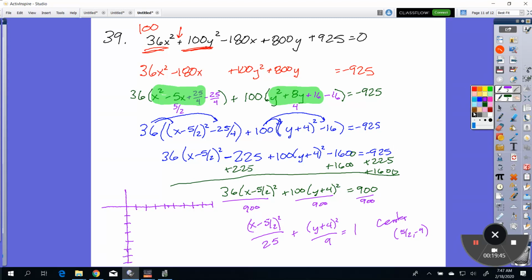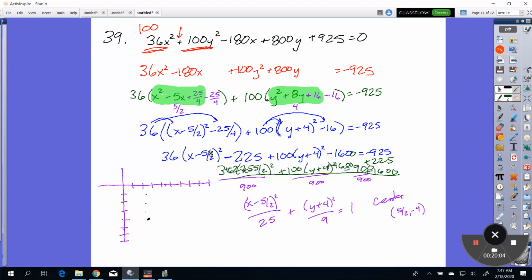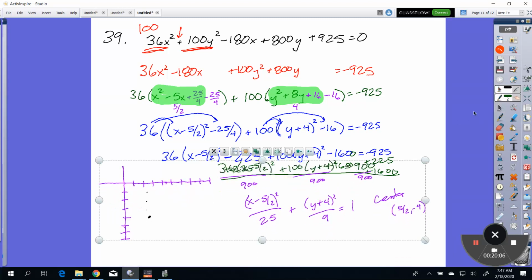Probably didn't leave enough room. So 5/2, that's 2.5, negative 4. Now in the x direction we have to go 5 because the square root of 25. So 5 halves, that's 7 halves. So 3, 4, 5, 6, 7 halves.